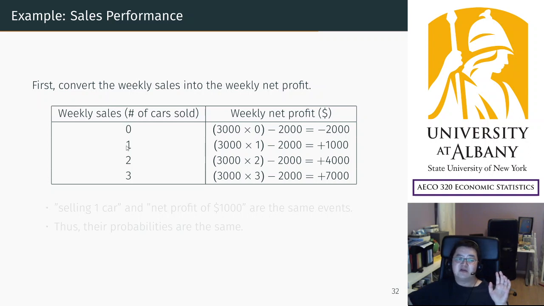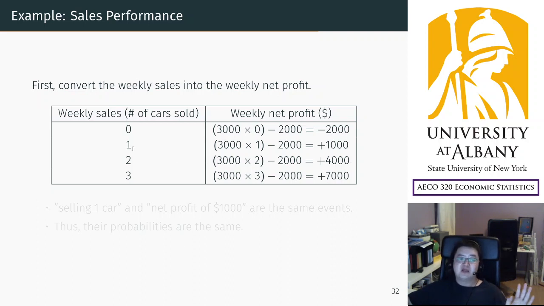So the net profit is minus 2,000. When the dealer sells 1 car, generated $3,000 and took $2,000. So the net profit is plus $1,000. Similarly, two cars imply plus $4,000 profit, and 3 cars imply plus $7,000 profit.